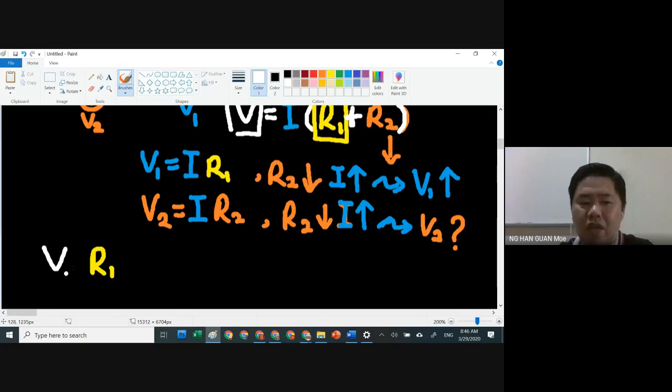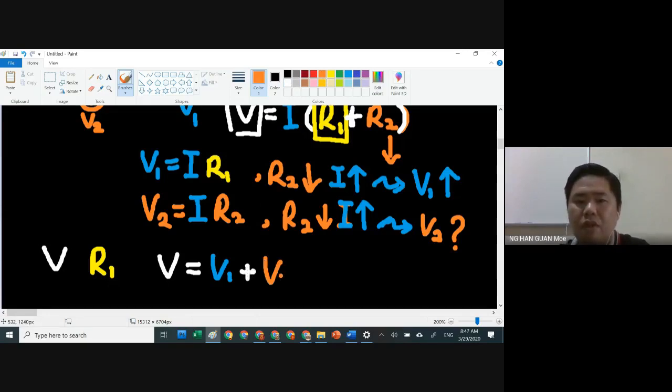So the V is the effective V. Because it's a series connection, it is equal to V1 plus V2. And we are very sure that when the current increases, V1 is increasing. So we want to know, when the current is increasing, what happened to the V2?